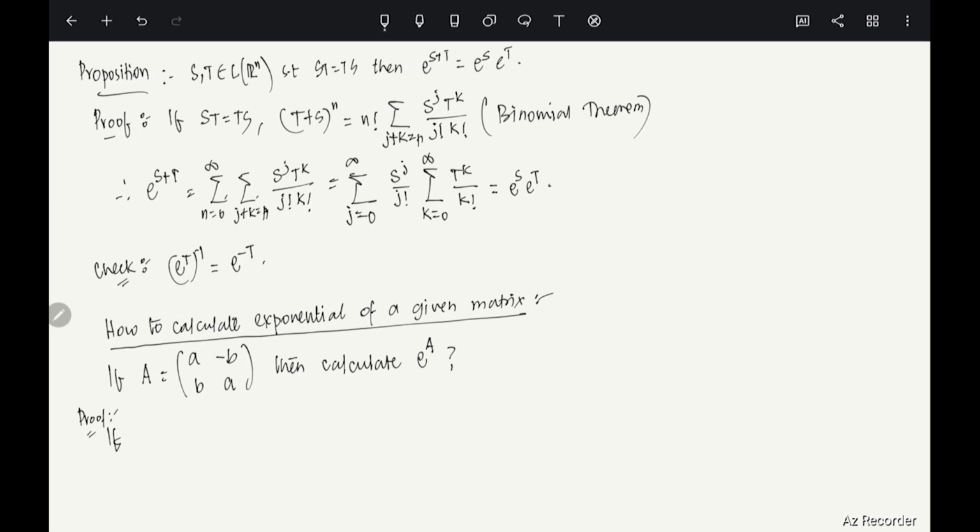If we write lambda to be nothing but a plus ib, sorry.